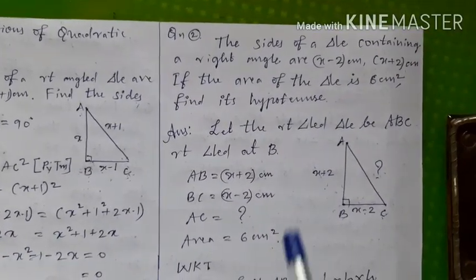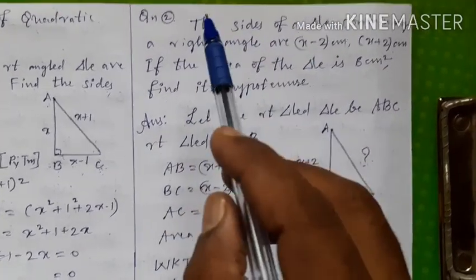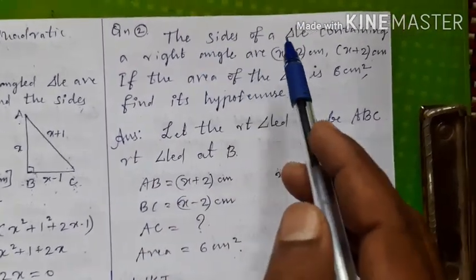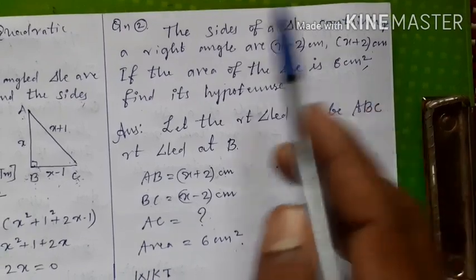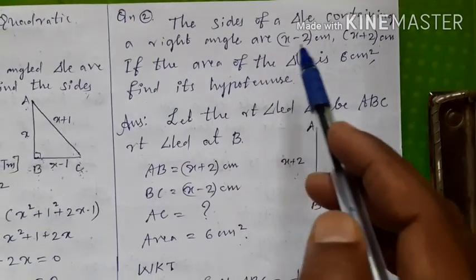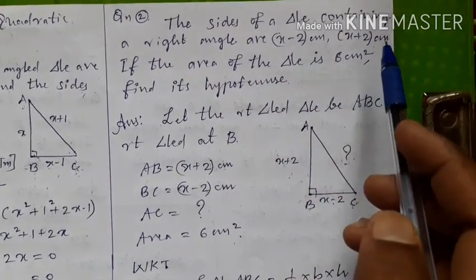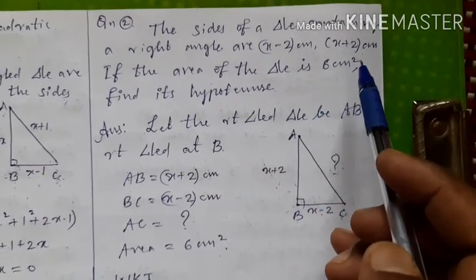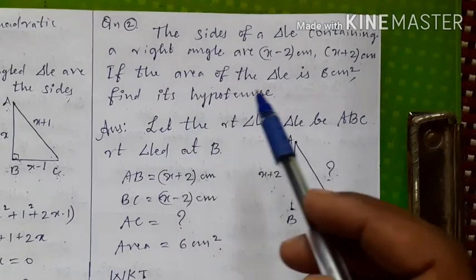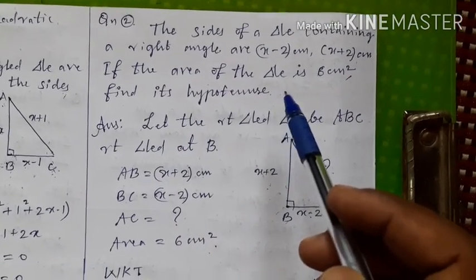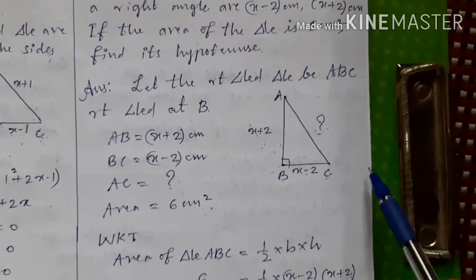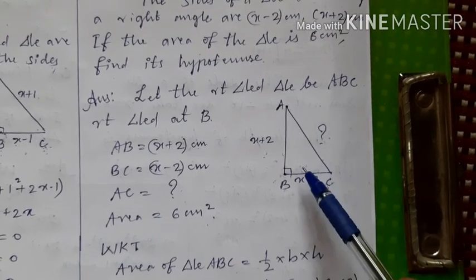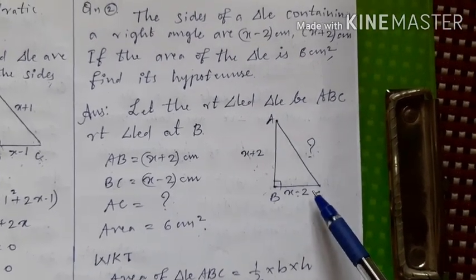Let us take another example. See here. The sides of a triangle containing a right angle are x minus 2 centimeter and x plus 2 centimeter. If the area of the triangle is 6 centimeter square, find its hypotenuse. Very interesting problem. See, this is the required right angle triangle.